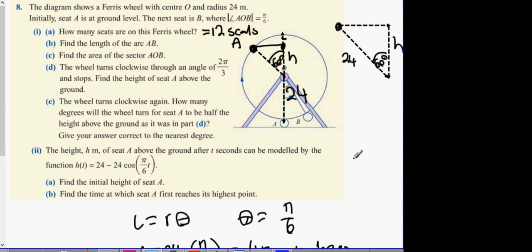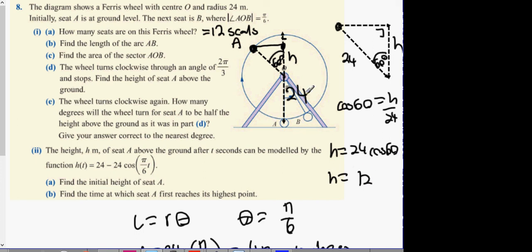How do you find out what h is, guys? What function includes 24, which is called what? Hypotenuse. h is the adjacent. Cos. Cos 60 equals h over 24. h equals 24 cos 60, which is 12.